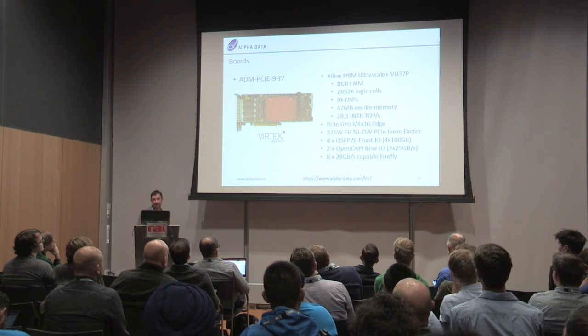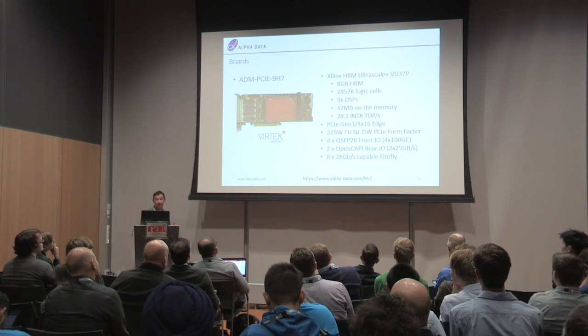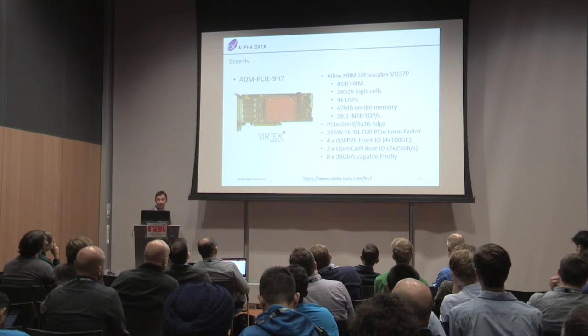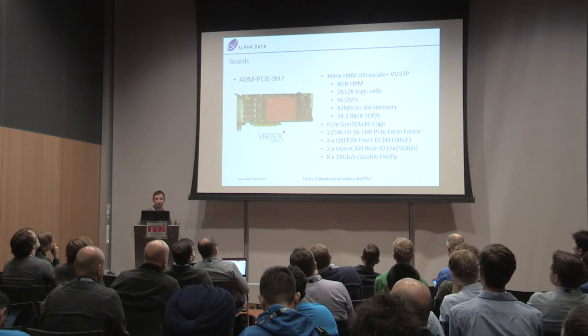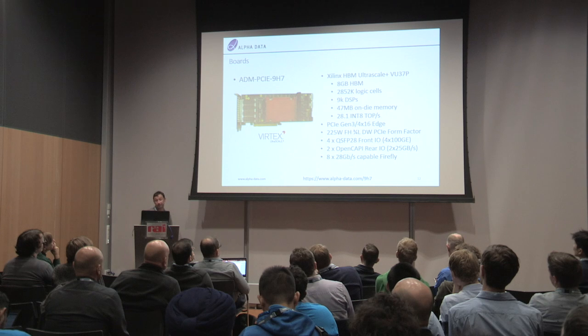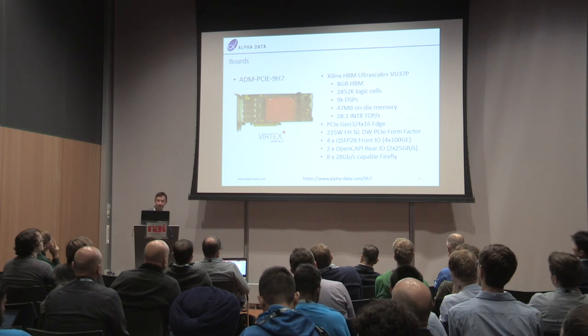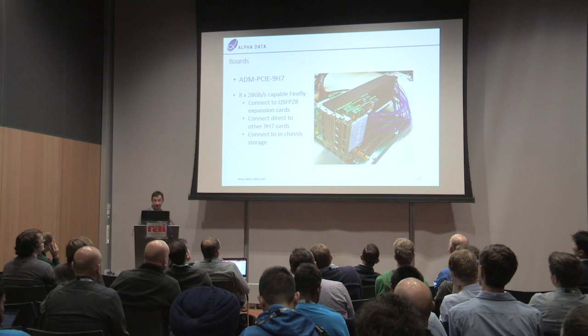Again, the key I/O features of this: we have 4 QSFP28 100 gigabit Ethernet capable interfaces at the front. We have PCIe Gen 3 or Gen 4 x16 on the edge. The Gen 4 would be bifurcated as 2 Gen 4 x8s. We have 2 OpenCAPI capable connectors to the rear of the board, and we also have 8 onboard 28 gigabit per second capable Firefly connectors. And these Firefly connectors are quite interesting because they give you a number of expansion options.